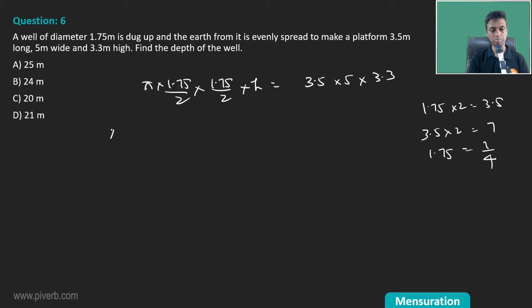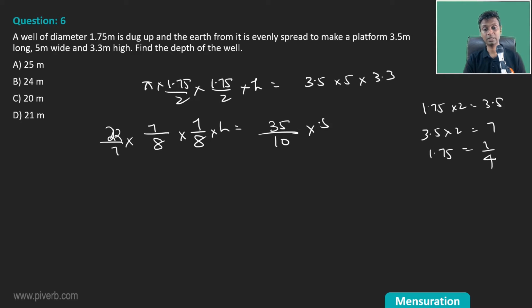Or this is pi, we're going to take pi as 22 by 7 into 7 by 4 by 2, which is 7 by 8, into 7 by 8 into h is 35 by 10 into 5 into 33 by 10.